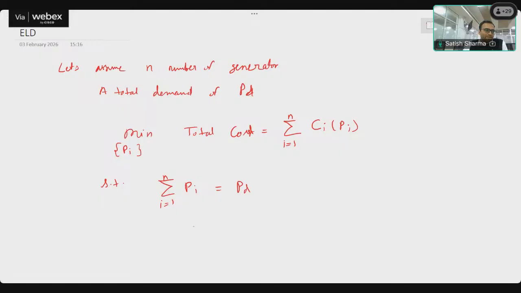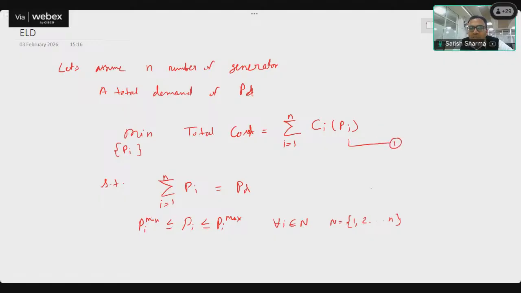Apart from that, we can have further constraints that Pi should be less than Pi maximum, the maximum capacity of the unit. There are also sometimes minimum capacities of the unit, so it should produce more than the minimum capacity of the plant. These conditions I have to write for all i in the set of n, where i is 1, 2, up to n. So this is my objective function.